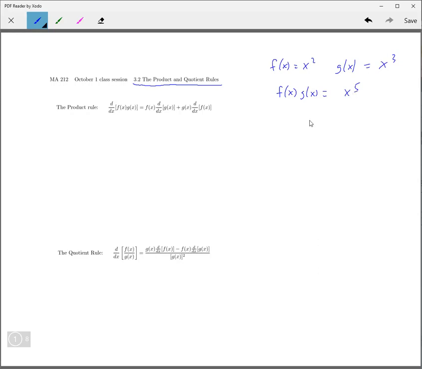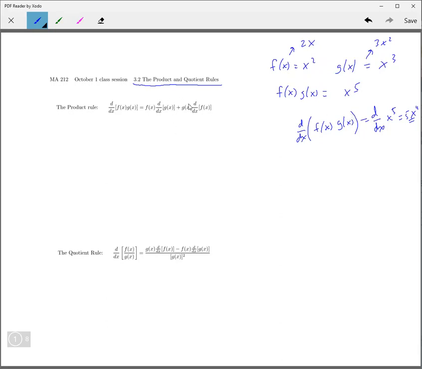So we already know that the derivative of the product of those two is just the derivative of x to the fifth, which is 5x to the fourth. Now, if you take the derivatives of each of these separately, that's 2x and 3x squared. If you multiply those two together, you get 6x cubed, which is not 5x to the fourth. So you know that that's going to be wrong, right?